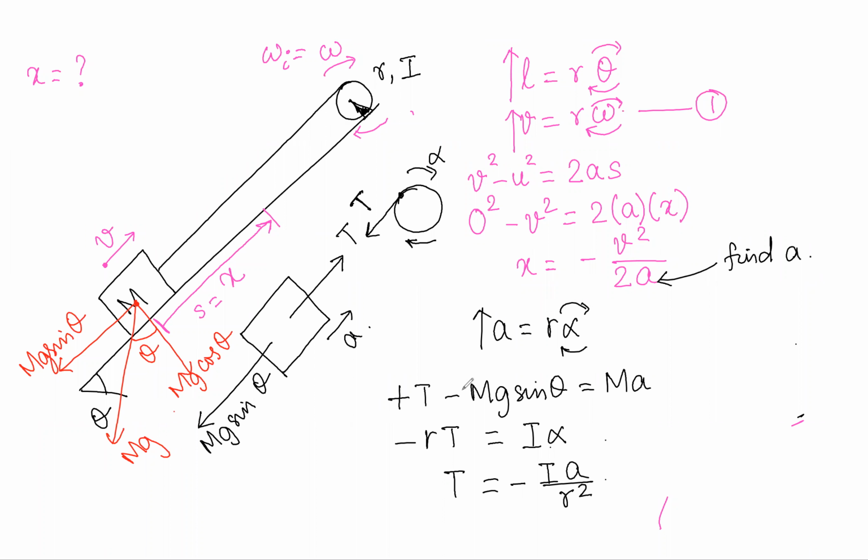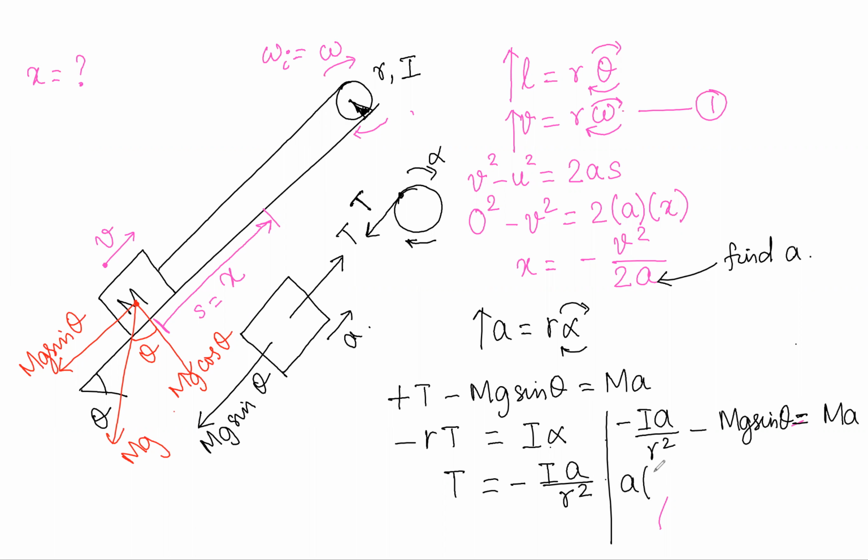Put this in the first equation. If you put it in the first equation, you will get minus I A divided by R square minus mg sine theta is equal to m A. So you can move this to the right side.